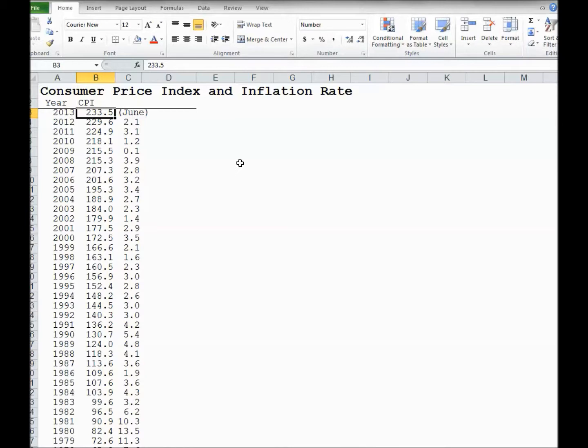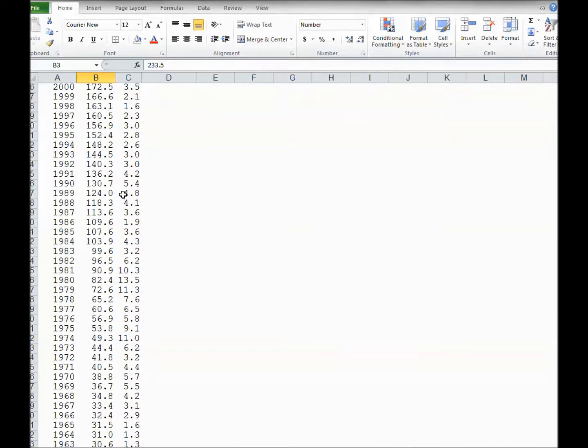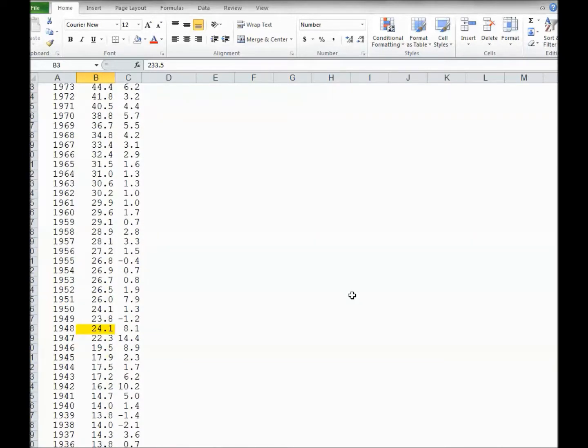You take the price, which was 5 cents, 0.05, you multiply that price by the Consumer Price Index in 2013, which was 233.5, and you divide that by the Consumer Price Index for 1948, which was 24.1, and that gives me an answer of 48.4 cents. In other words, something that cost 5 cents in 1948 adjusted for general inflation across all those years should cost 48.4 cents today.